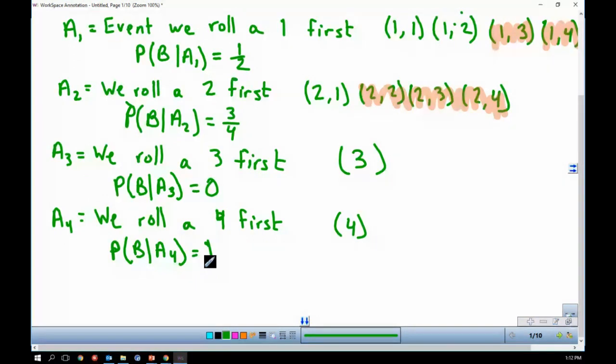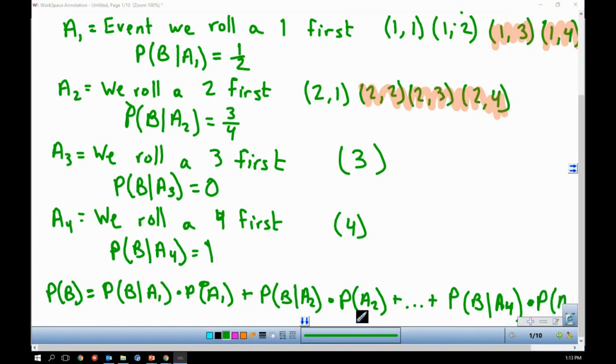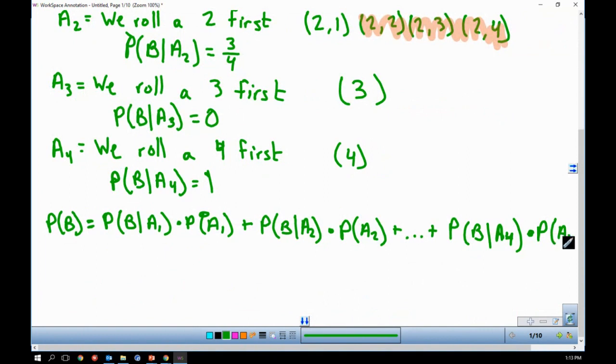Okay, so if I want the probability that B occurs, I would have to do the probability that B given A1 occurred times the probability of A1, plus probability of B given A2 occurred times the probability of A2, all the way down to 4 times the probability of A4.